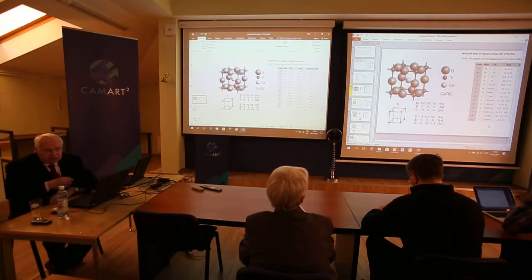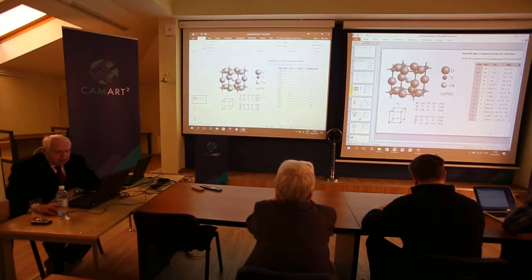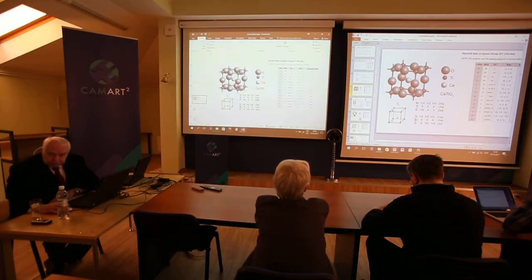And as I already told yesterday, there are 2 equivalent possibilities to describe this structure. They are equivalent, but be attentive. What is physically defined? The distance between the titanium atom and the oxygen atom is fixed. This is half of the cube edge.